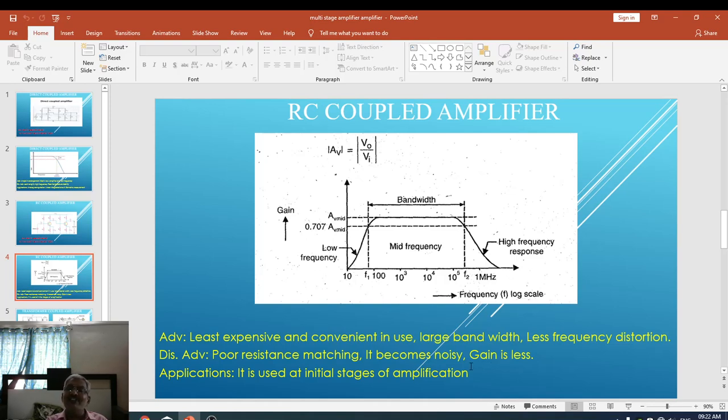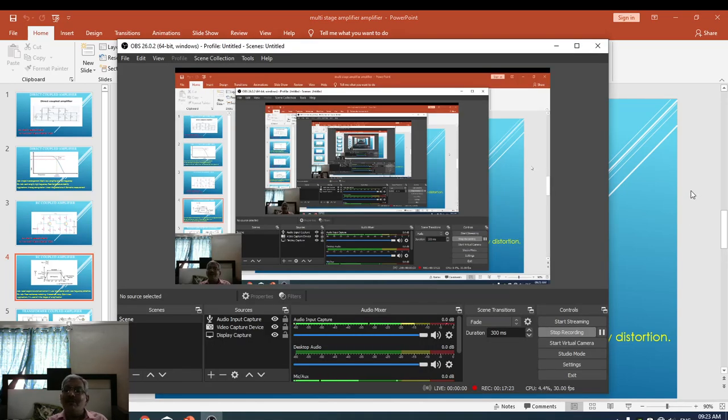It becomes noisy at certain frequencies. Its gain is less. These are the three disadvantages. Applications: it is used at the initial stages of amplification, meaning in the primary stages it can be used for amplification. So this is the meaning of the RC coupled amplifier.